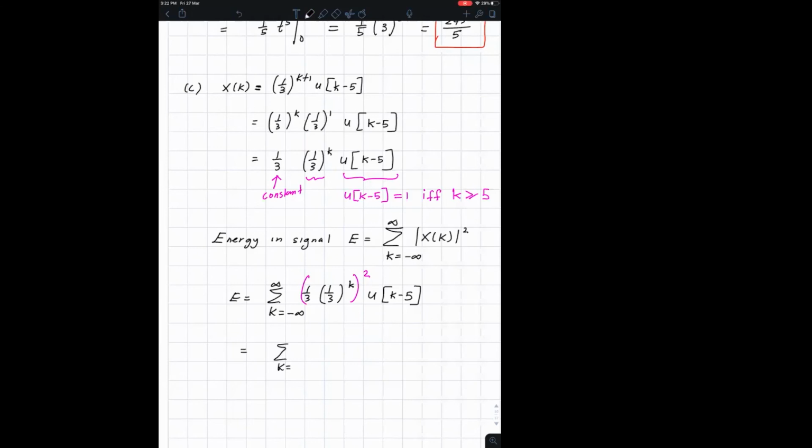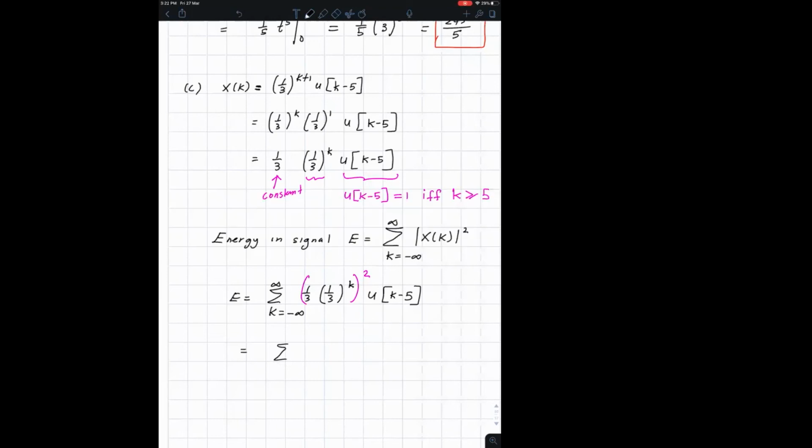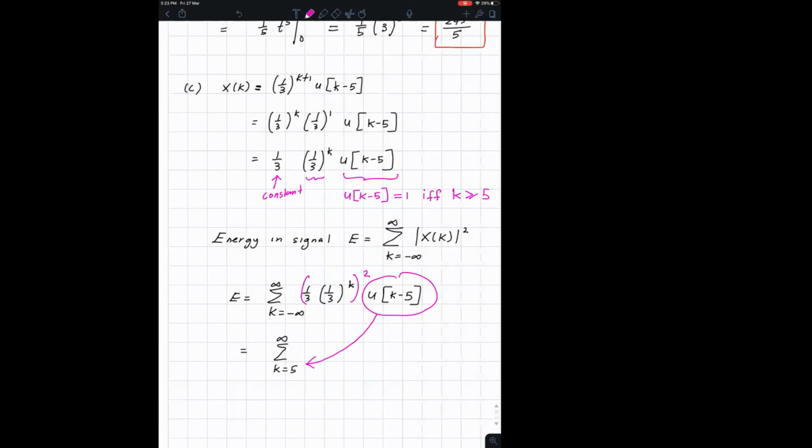Instead of going from minus infinity to positive infinity, I'm going to go from k equals 5 to infinity. But I'm not going to write this. See, this part here takes care of this. Do you guys see this? Okay.